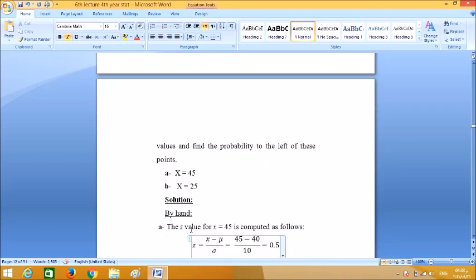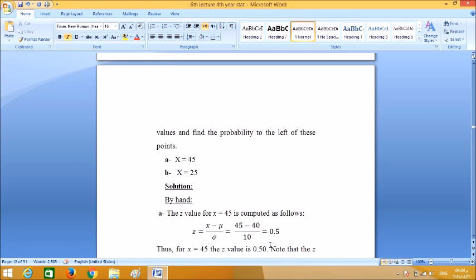By hand, the z value for x equals 45 is computed as follows: x minus mu over sigma, with x equal to 45, mu equal to 40, and sigma equal to 10, so z equals 0.5. Thus, for x equal to 45, z equals 0.5.